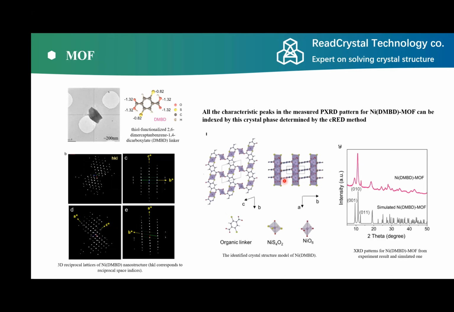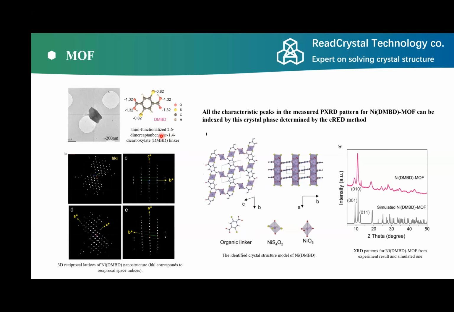Next, I'm going to give several examples of our work. The first one will be in metal organic frameworks. All of those examples are done either by our company or by the founders of our company. This is a metal organic framework with nickel metal as the node, and a carboxylate organic linker.